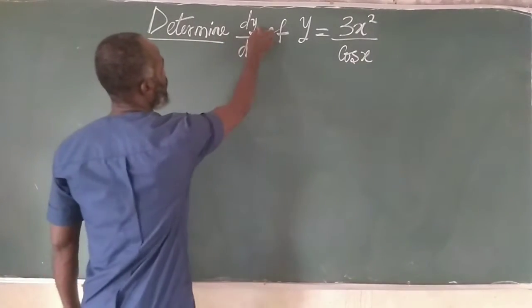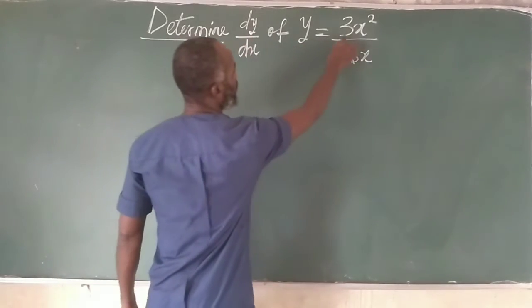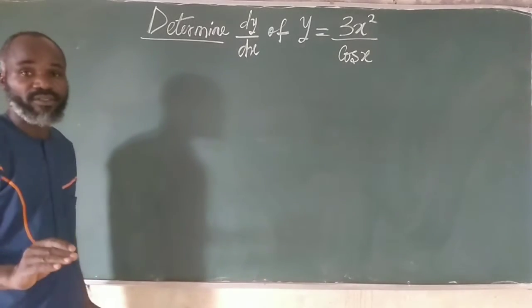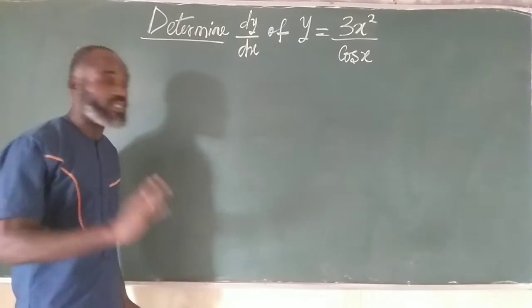Determine dy/dx of y equal to 3x squared cos x. That's the question we have been asked to determine.